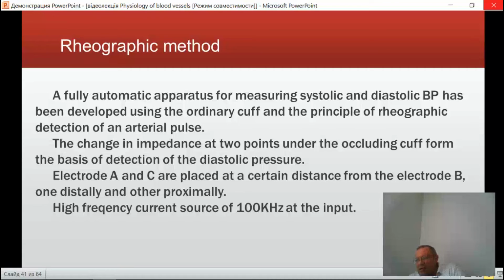Electrode A and electrode C are placed at a certain distance from electrode B, one distally and the other proximally. A higher frequency current source of 100 kHz is used as the input.